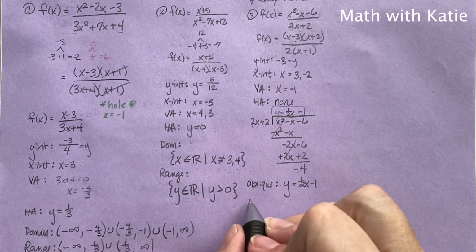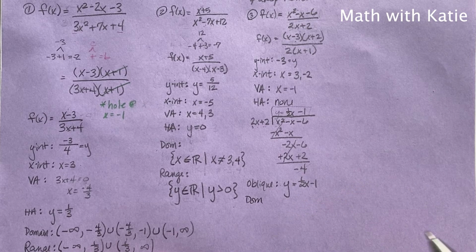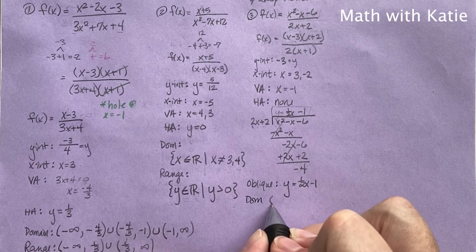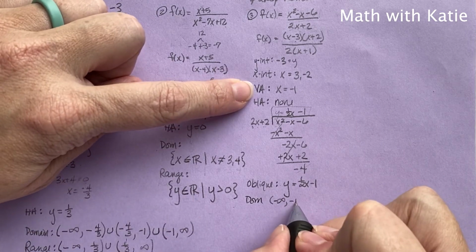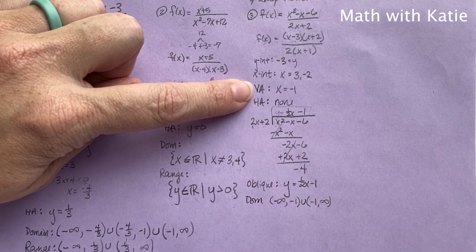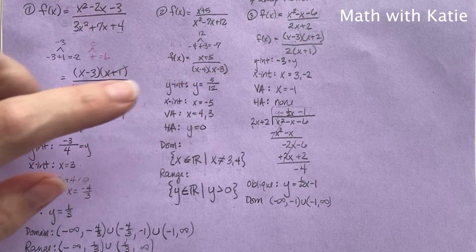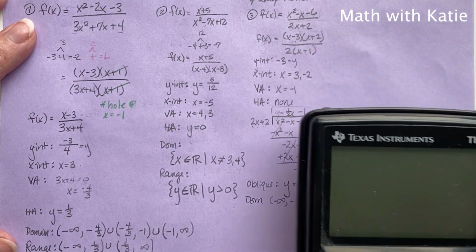Okay, so now for domain. And I'm going to go back to using interval notation. So we have -infinity to our vertical asymptote of -1, union -1 to positive infinity. Now let's look at our graph.